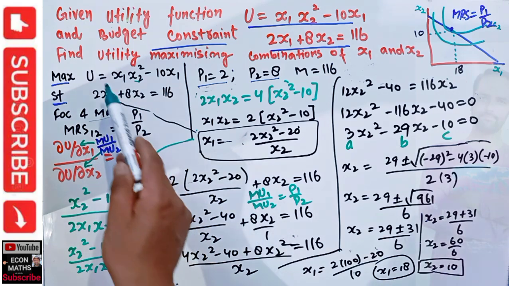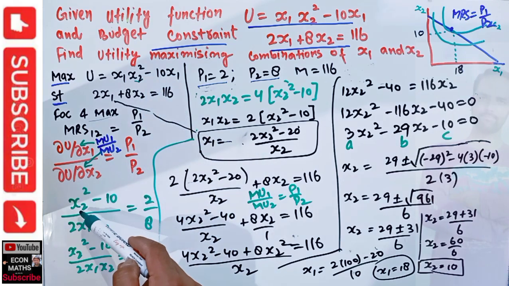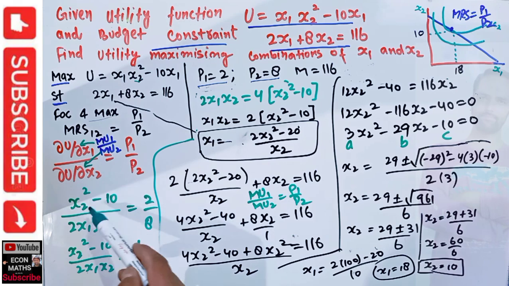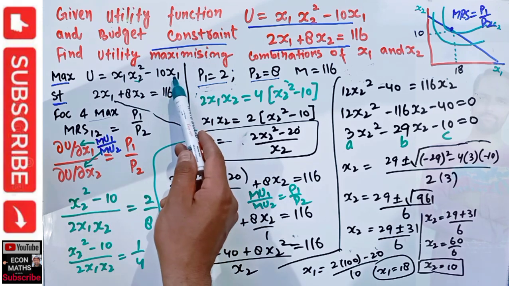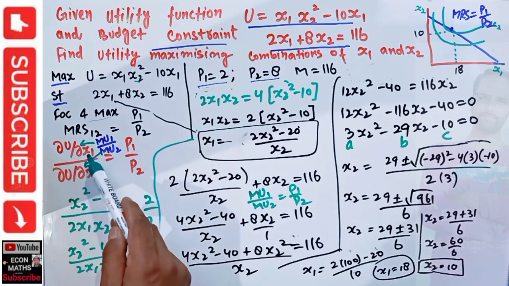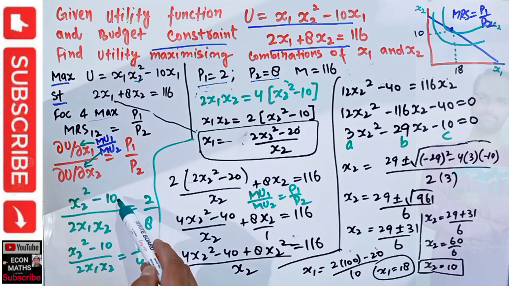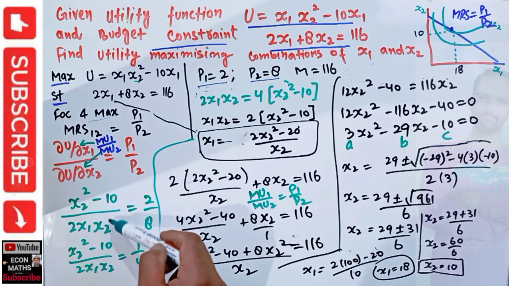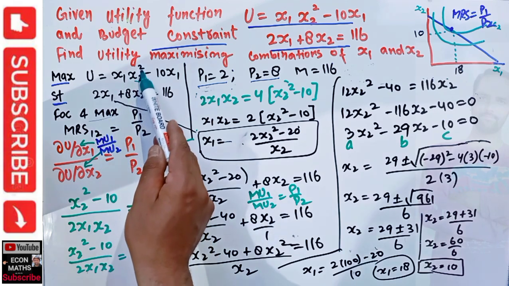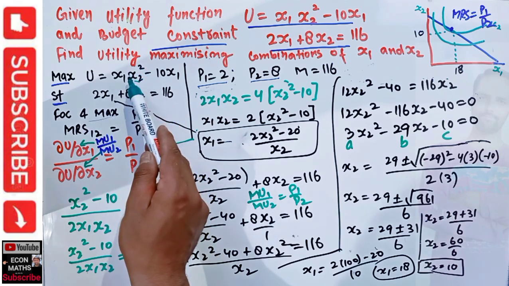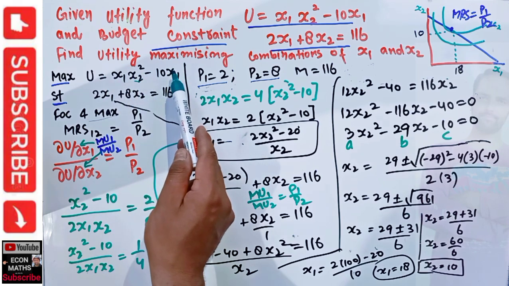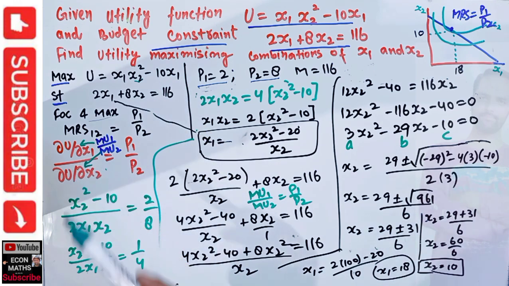Differentiating this function with respect to x1, the derivative of x1 is 1, so we are left with x2 squared, and here we are left with 10. So du/dx1 comes out to be x2 squared minus 10, and du/dx2 comes out to be 2x1x2. The derivative of x2 squared is 2x2, so we have 2x1x2, and the derivative of a constant here is 0 because we are taking the partial derivative with respect to x2.